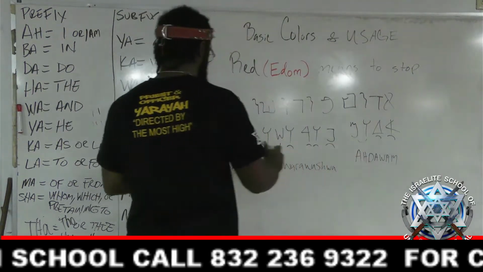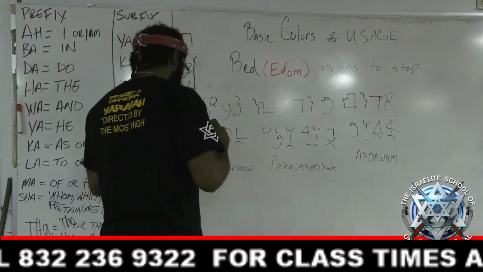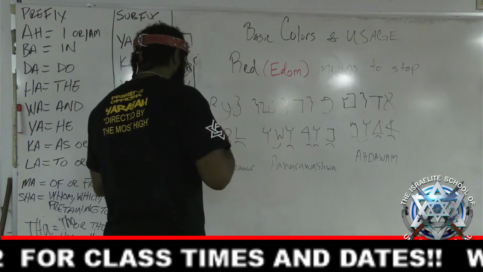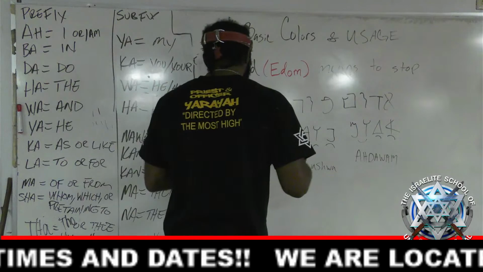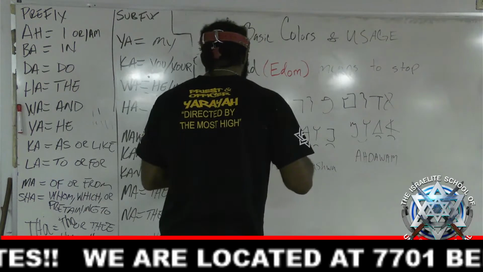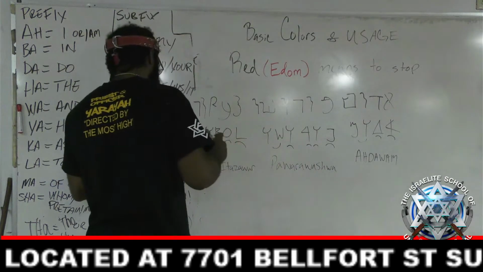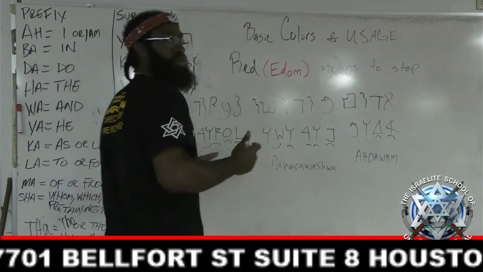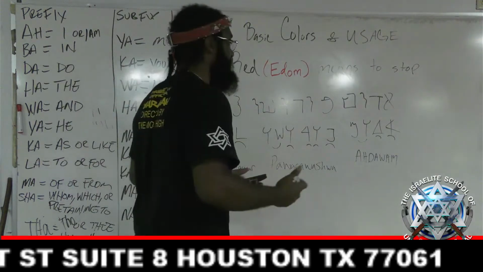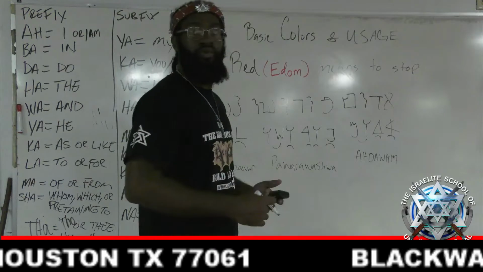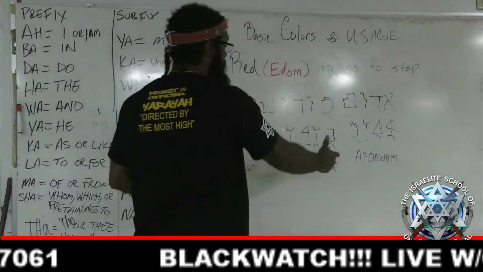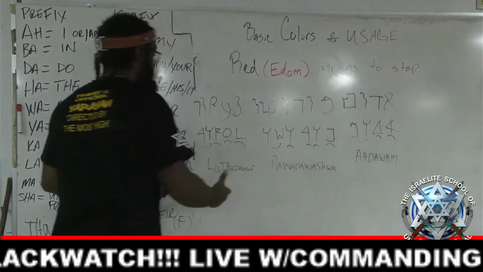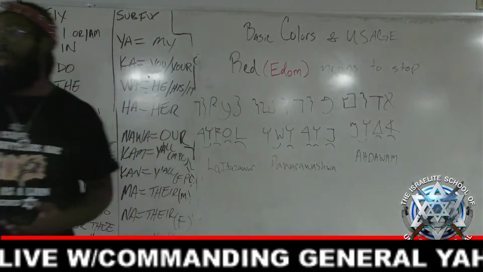Red and Power Washwa means to specify. So specifically, and then La Itaza War means to restrain. So to restrain obviously would be to stop or to hold something from movement. So Adawam Power Washwa La Itaza War. Red means to stop.